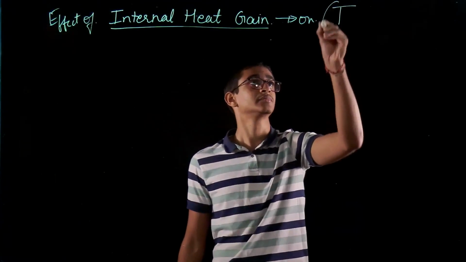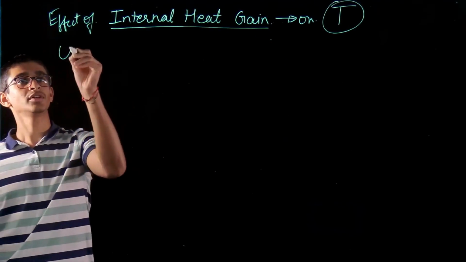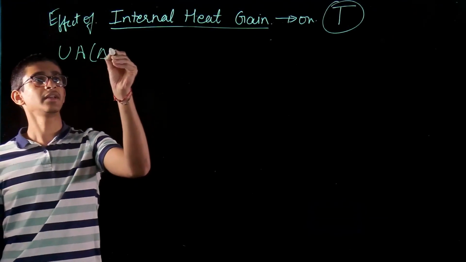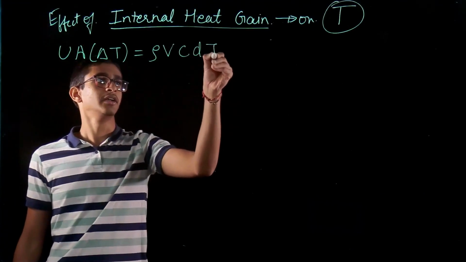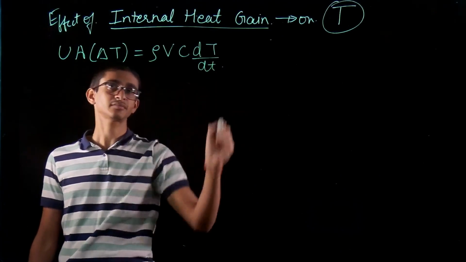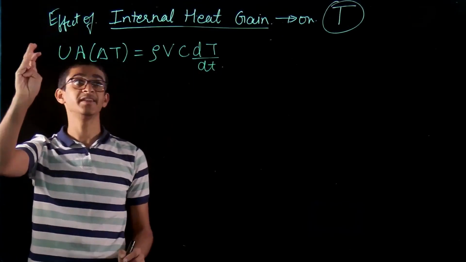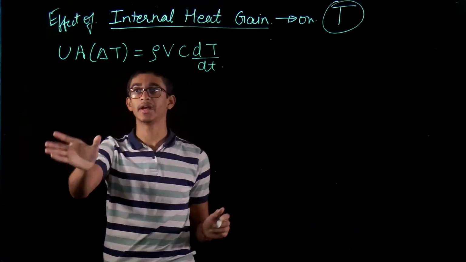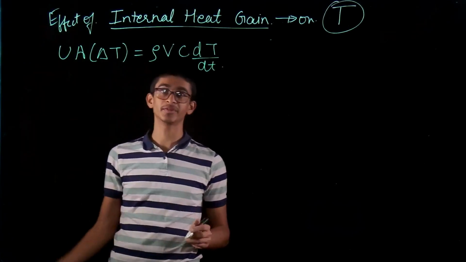temperature? The temperature equation which we considered previously was UA delta T is equal to rho VC dT by dt. And there is no heat addition or heat removal of any other kind except UA delta T. So this is the heat transfer happening from the surface.